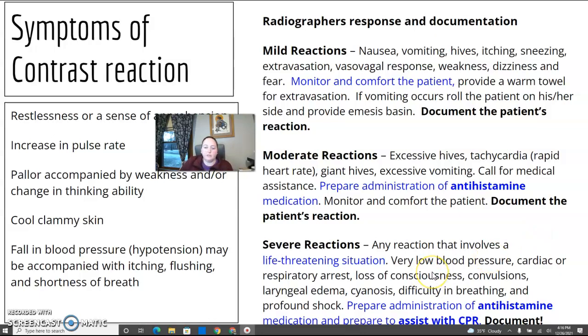So it's going to be possibly low blood pressure, possible cardiac arrest, loss of consciousness, blue skin, the cyanosis, difficulty breathing. You're going to want to prepare for administration of medication and assist with CPR, document everything, but you're going to need to call for some significant help for that reaction. So make sure you know what's considered mild, moderate, severe.